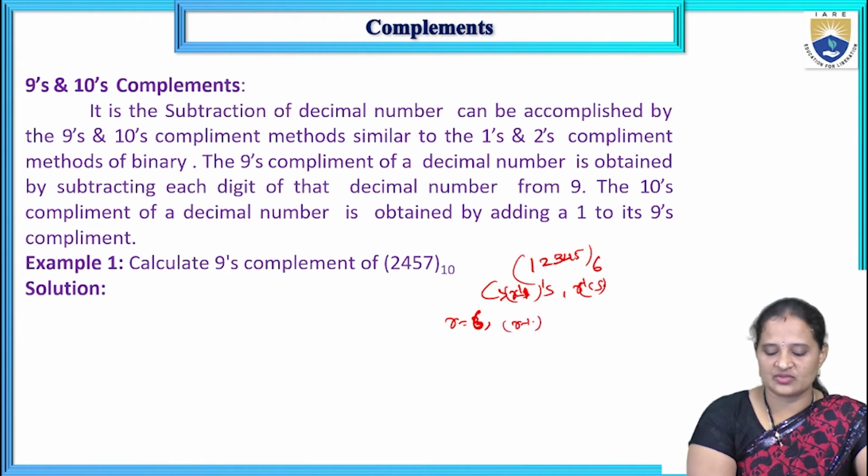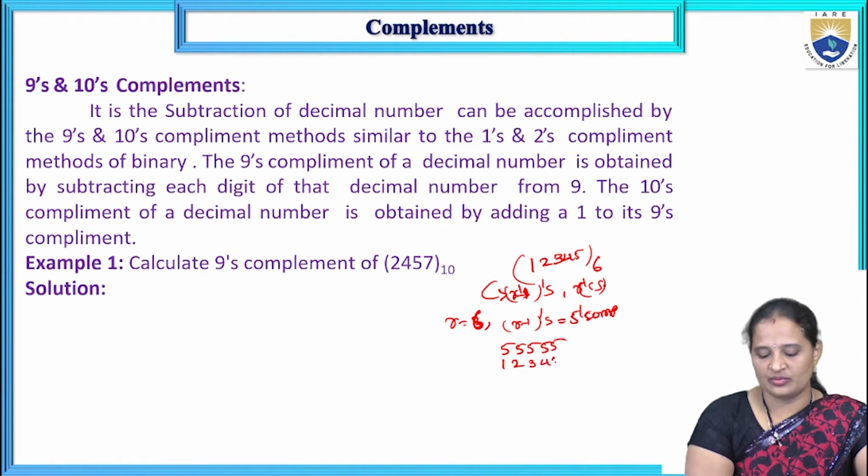Now what is the r minus 1's complement? It is equal to the 5's complement. How can I get the 5's complement? Subtract each digit of the given number from 5. That is 5, 5, 5, 5, 5 minus 1, 2, 3, 4, 5. This will give you 4, 3, 2, 1, 0. So this is the 5's complement.